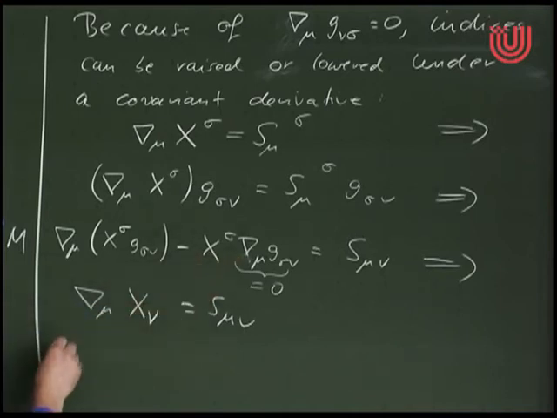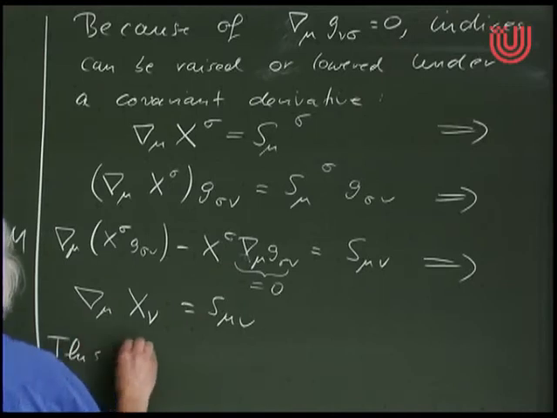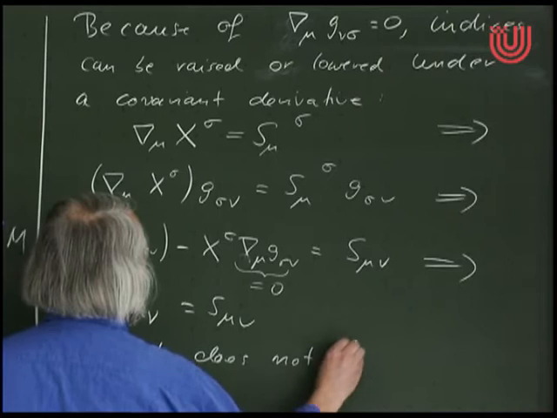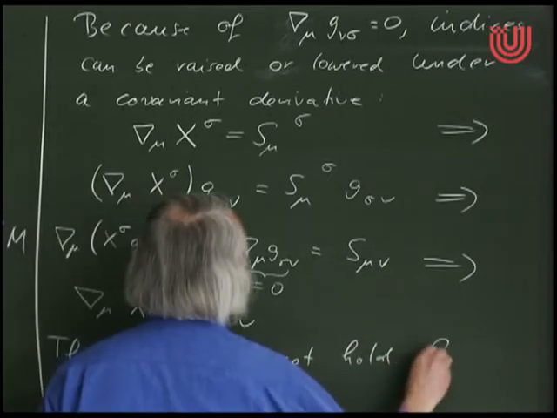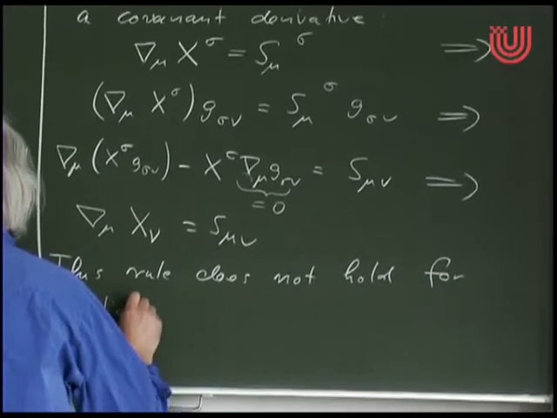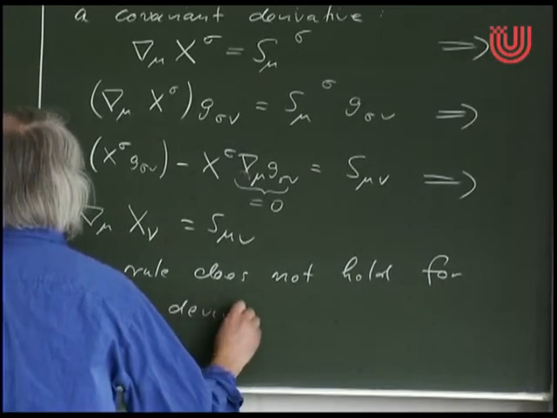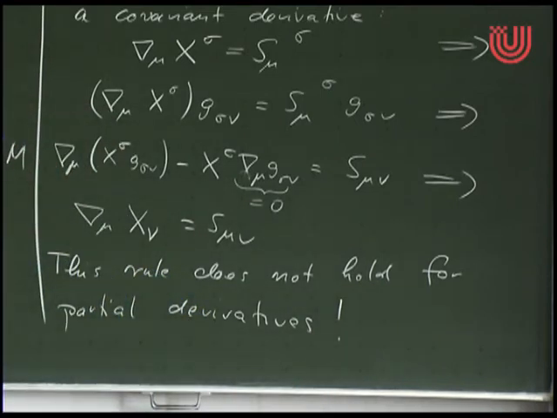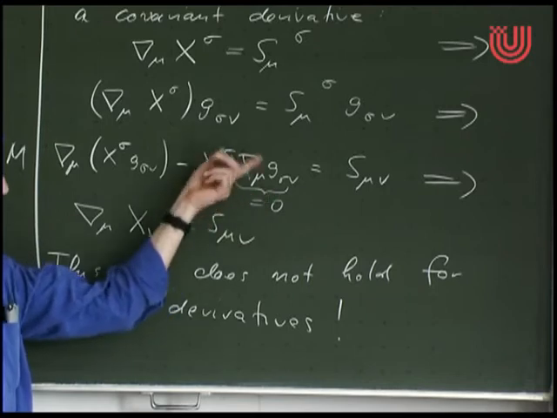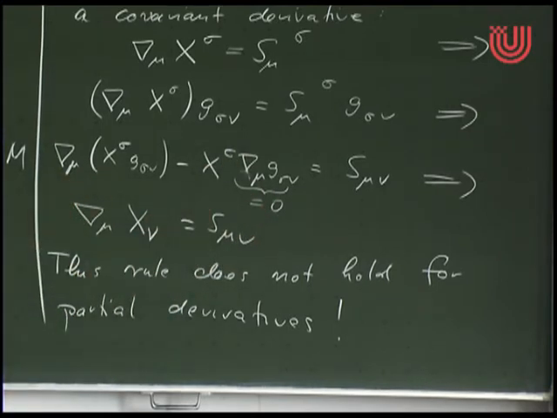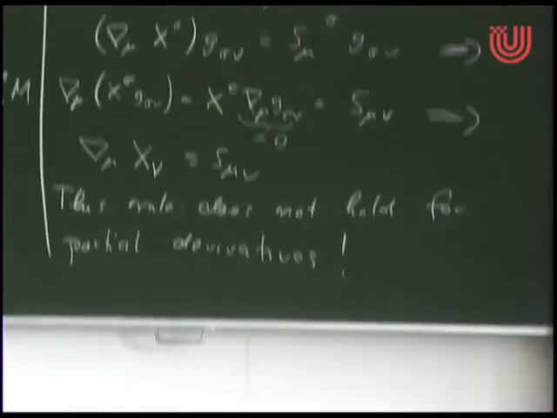So this rule does not hold for partial derivatives. Yeah, obviously. Because if I replace a covariant derivative by a partial derivative here, then this would not be 0. And you would get this second term on the left-hand side.